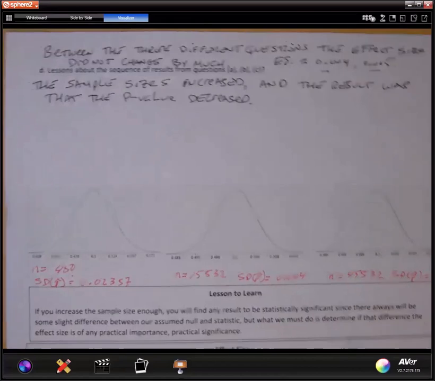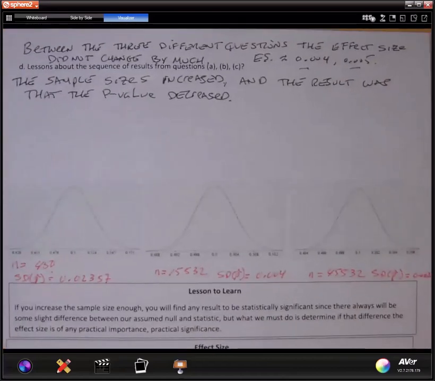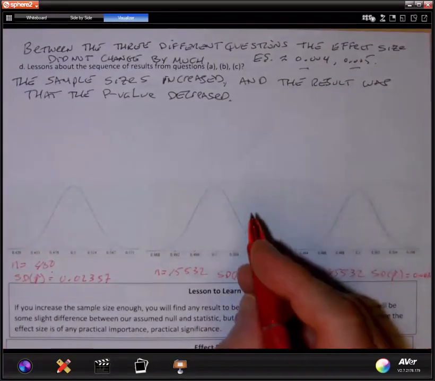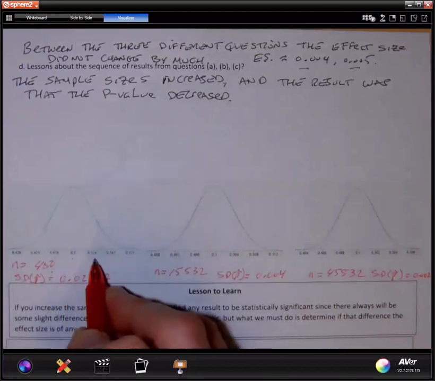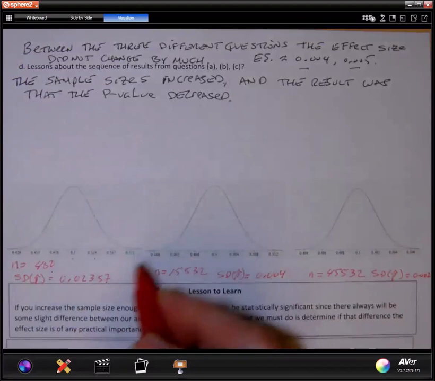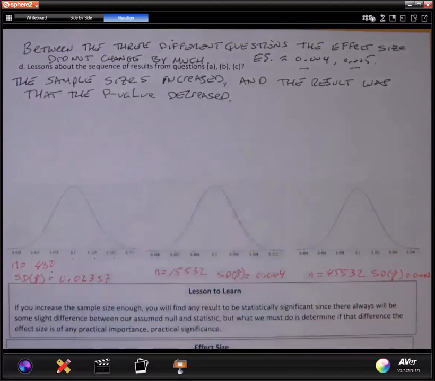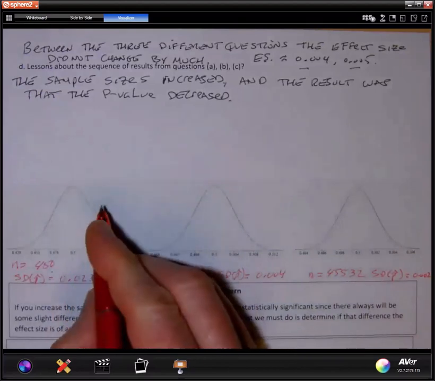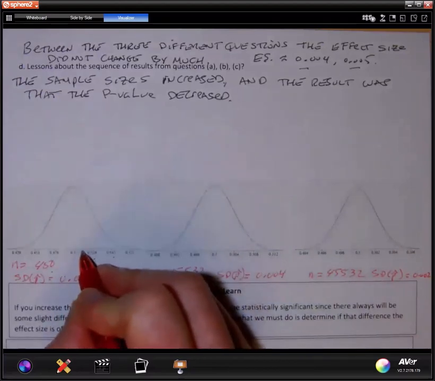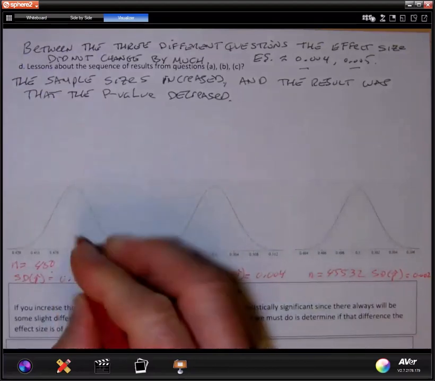So I'm running out of room right here. And you can see that in this horizontal axis. Here's 0.5, here's 0.524, 0.547. And when we looked at where the p-hat value landed, each one was very close to 0.5, right?